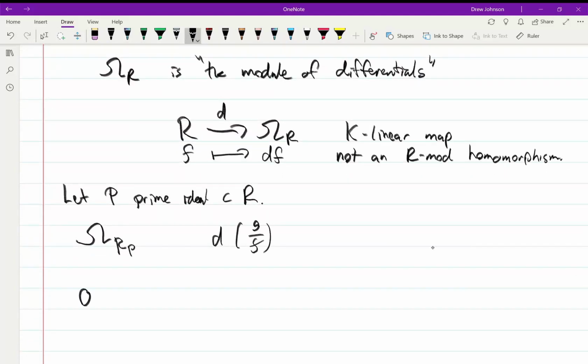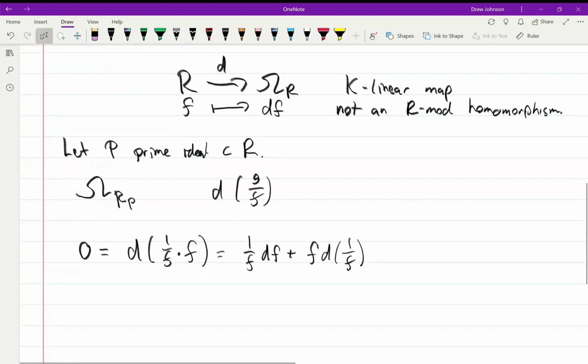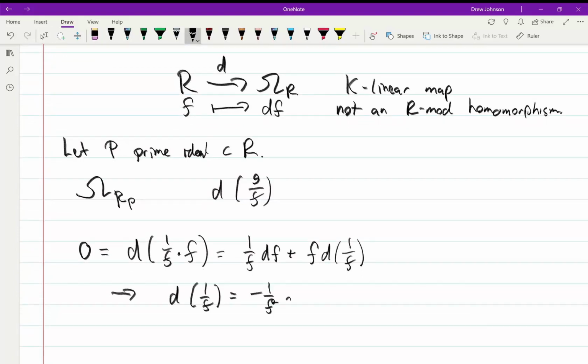Well, here's one way to do it. We know that 0 has to be equal to d of 1 over f times f, because that's just the derivative of a constant. Then by the product rule, this will be 1 over f df plus f times d of 1 over f. All right, so that tells me now that d of 1 over f has to be equal to minus 1 over f squared times df.